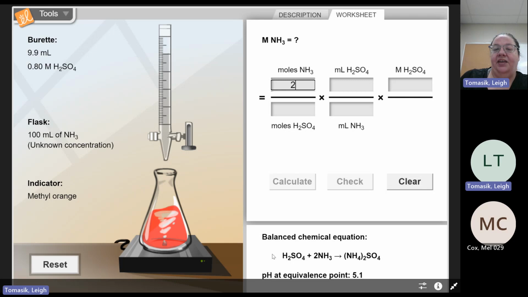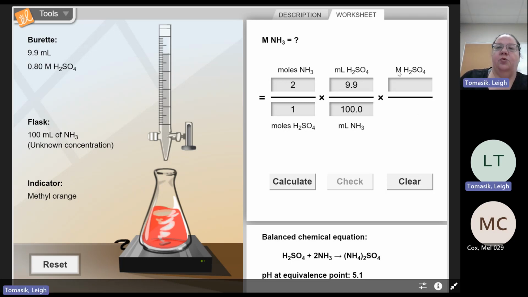I don't have anything in front of H2SO4, so that's 1 mole. And then the milliliters of H2SO4, that's what's in my burette, so that would be 9.9, right? The milliliters of NH3 is right there in the flask, 100 mils.